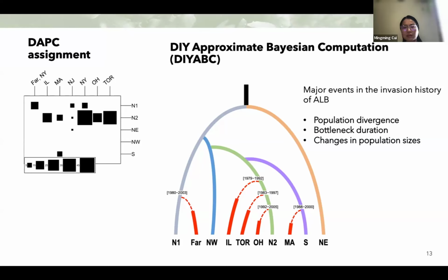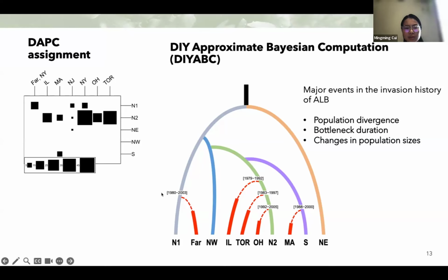In the beginning of the invasion, the population size remains small, and following the invasion success, the population gradually expands. So in the model setting for the invasive populations, I manually set up the bottleneck events for each invasion.